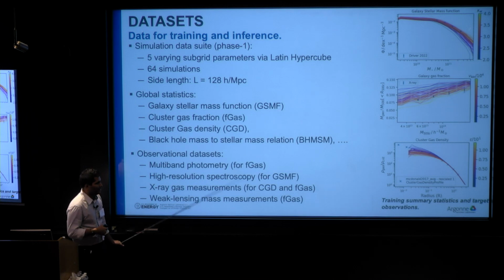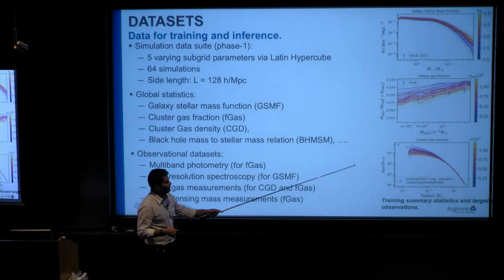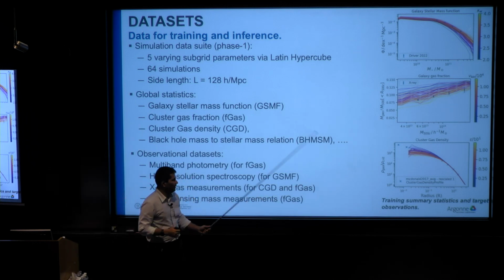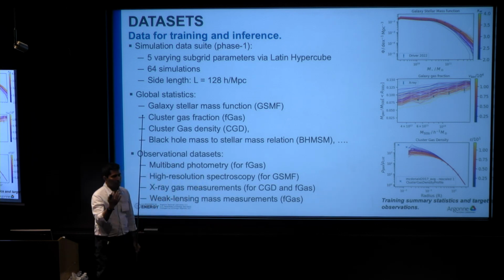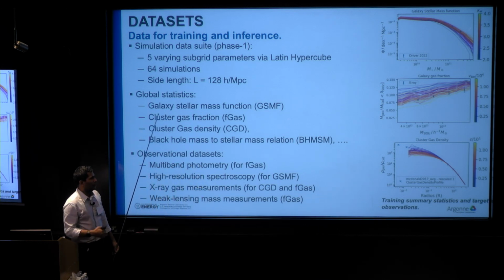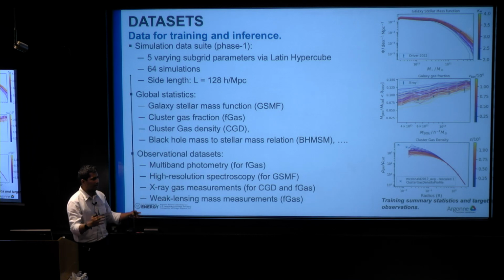And that's a concern. Because when you look at the cluster gas fractions, at low radius, you see a dip in the profile because of that low number of clusters. And so what we did is for one of the simulations, we ran an equivalent of a 256 box. So just a larger box, everything else is the same.